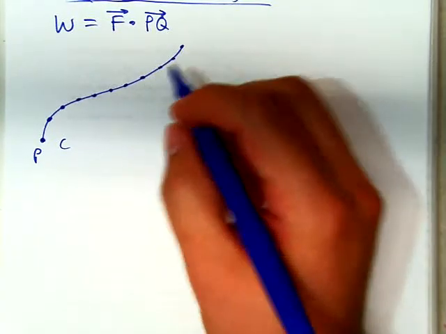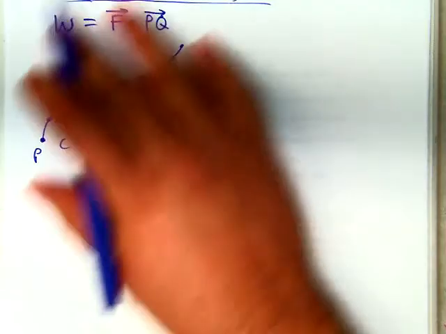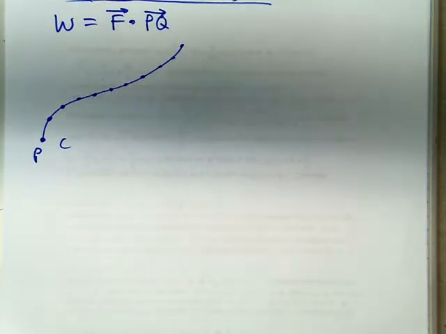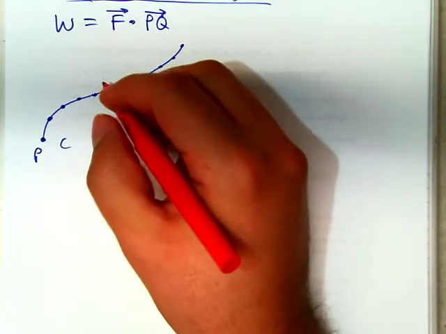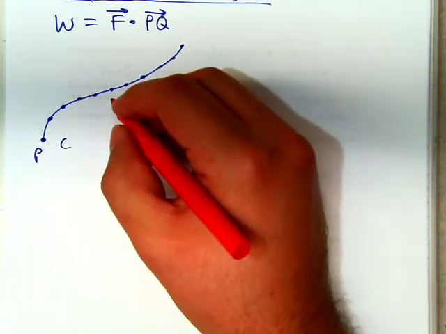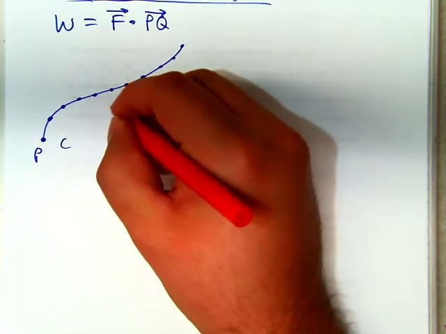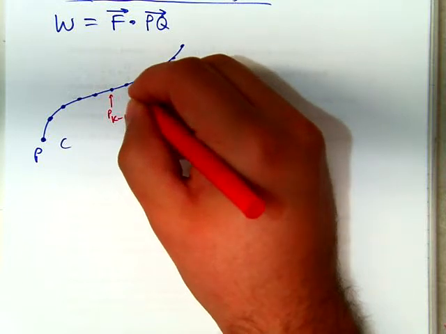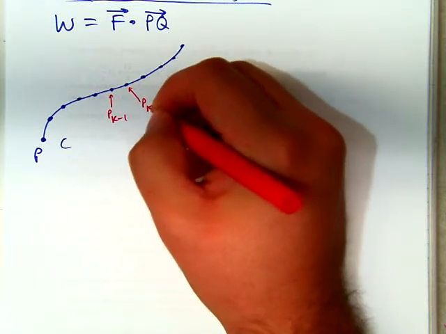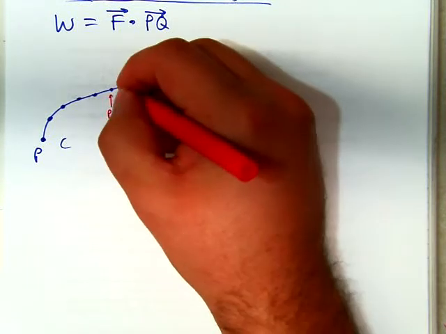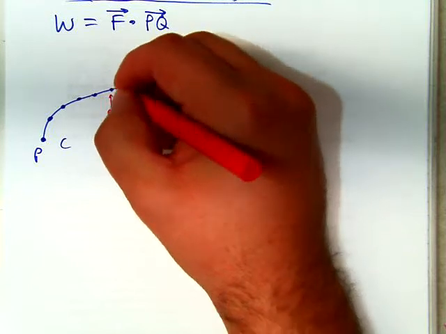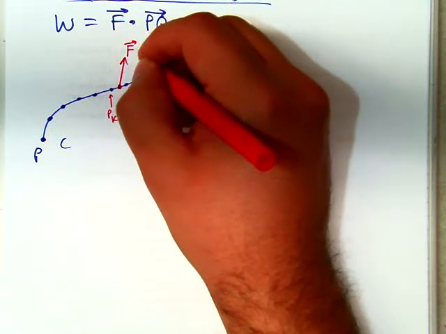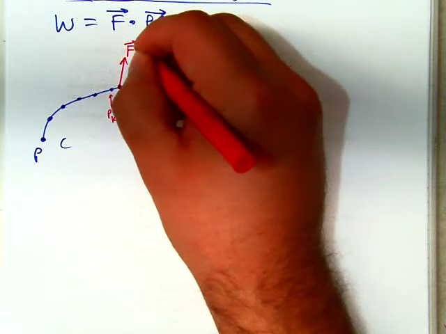Okay, and let's say that we have a vector field somewhere on this path, but what we're going to do is actually zoom in and focus locally. So again, kind of like what we did earlier with defining a line integral, let's define this point as p sub k minus 1 and this point as p sub k. And in here we have some force. Let's call it F sub k star.